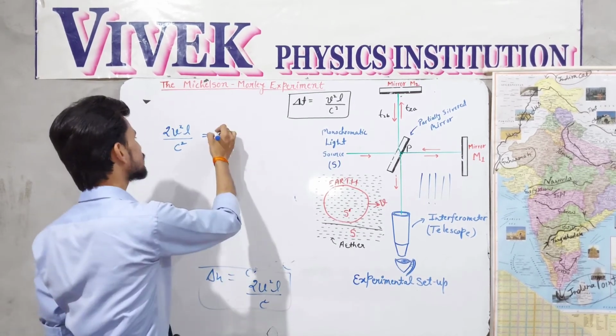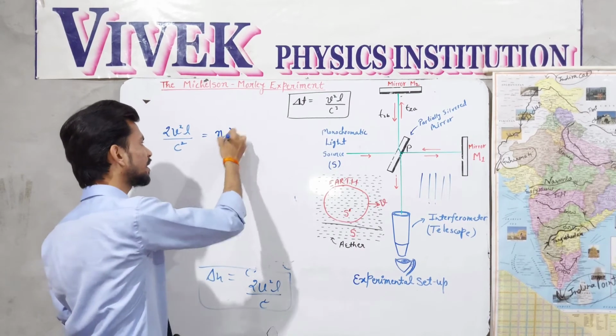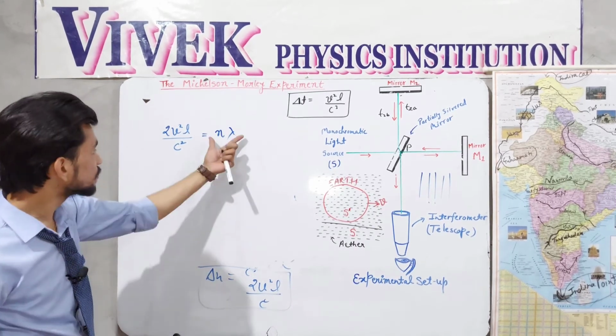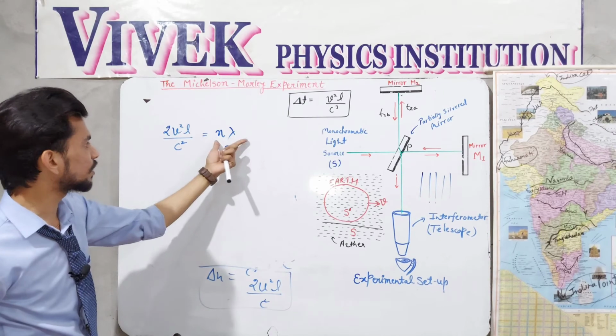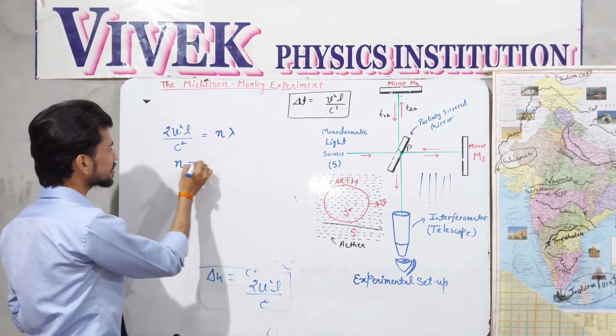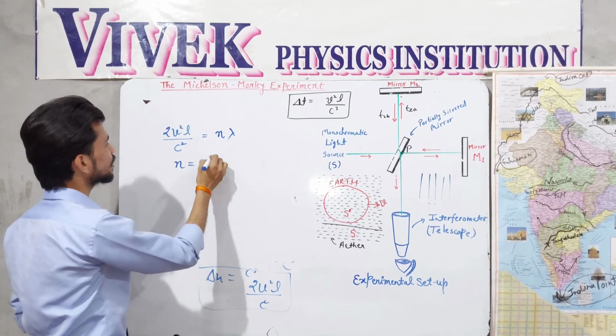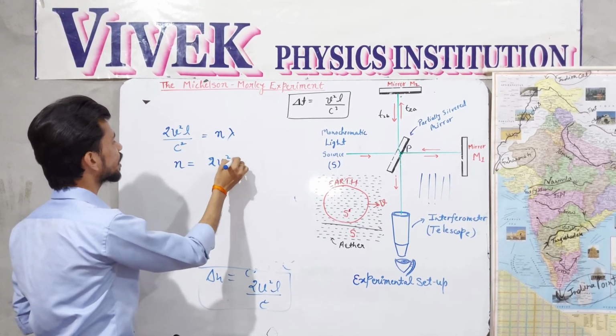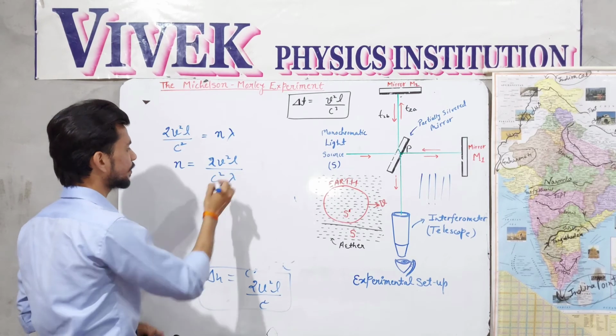Let's say n fringes are shifted, having the wavelength lambda. So n equals 2v square L upon c square and lambda.